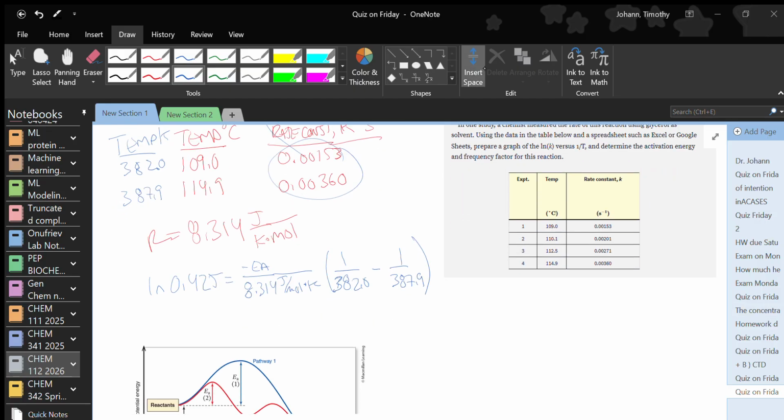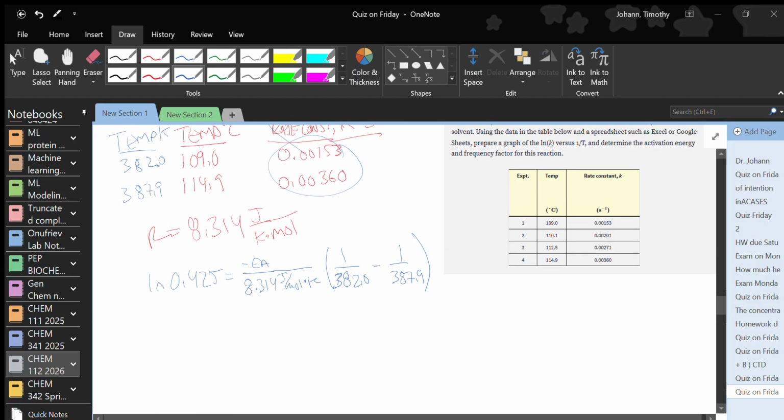So this is now going to become, on this side, negative EA times 4.789 times 10 to, I think it's a negative fifth. 1, 2, 3, 4, 5. Oh, what? 1, 2, 3, 4, 5, 6. Negative 6. We'll see if this matches, because I think this is going to give me a different answer than I got last hour.